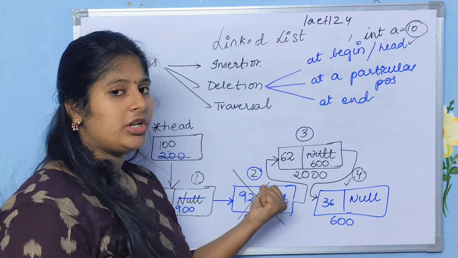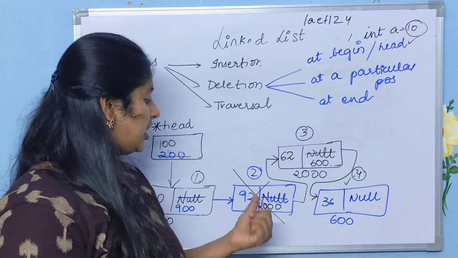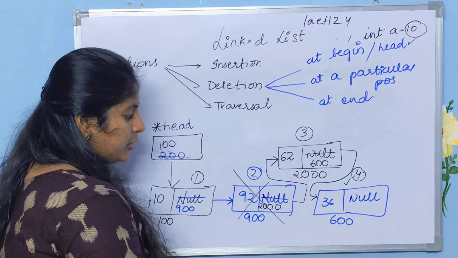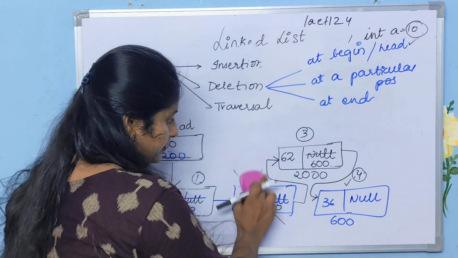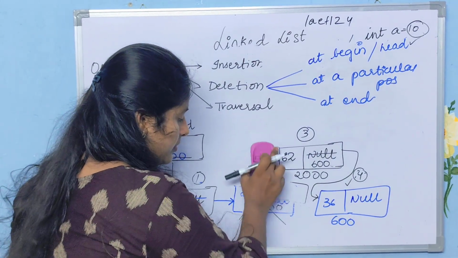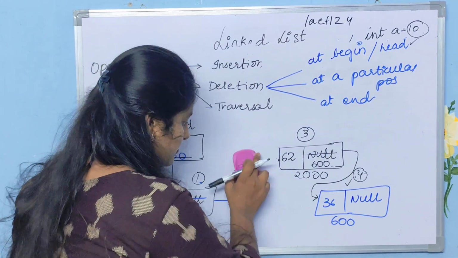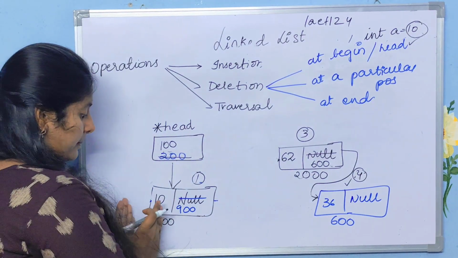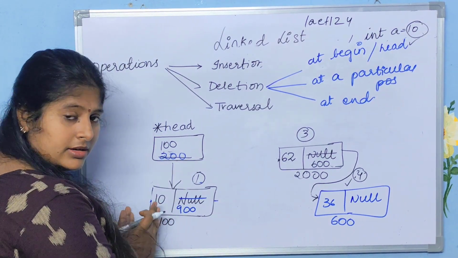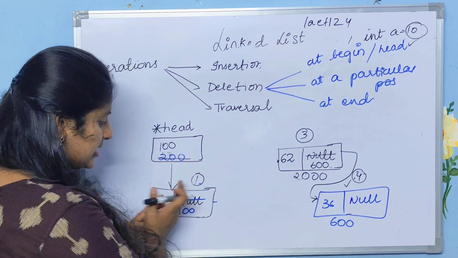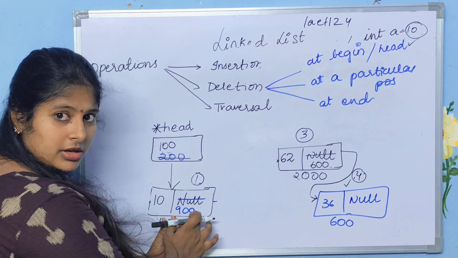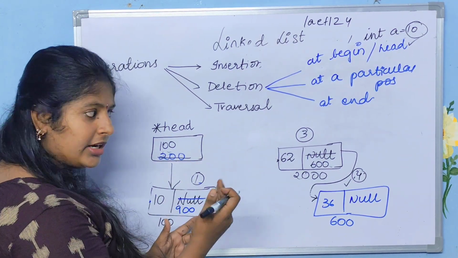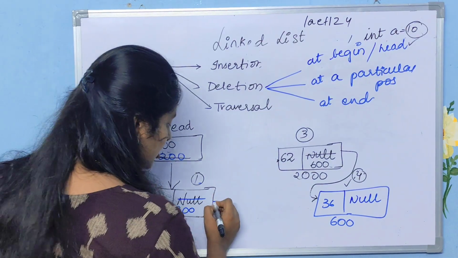I want to delete the second position element. My second element is 92. So I have deleted this element. Okay. So my first node is 10. 10's address is 100 and 10's next part is 900. But 900, that element is deleted. Now I have to establish one more connection.